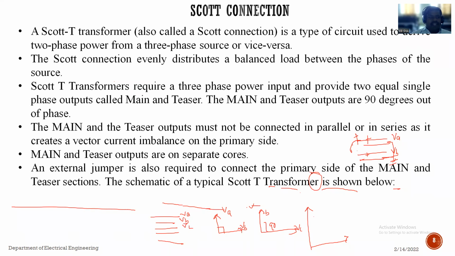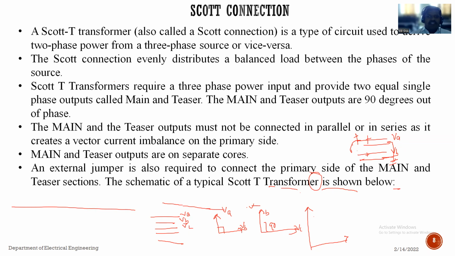It is a type of circuit used to convert 2 phase power from a 3 phase source, or it may be vice versa. Okay, जर आपल्याला 3 phase सिस्टीमचं कन्वर्जन 2 phase मध्ये करायचं असेल, or if we want to convert a 3 phase source into a 2 phase, in that situation we are able to use a Scott connection. So the Scott connection evenly distributes a balanced load between the phases of the source.